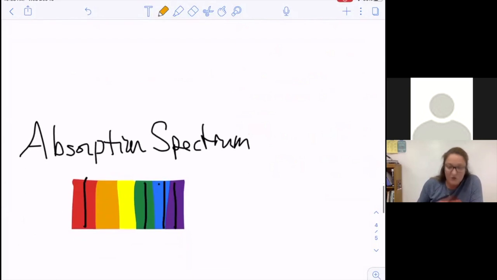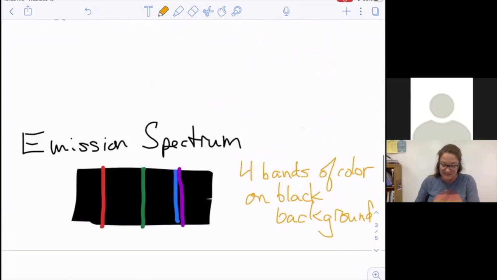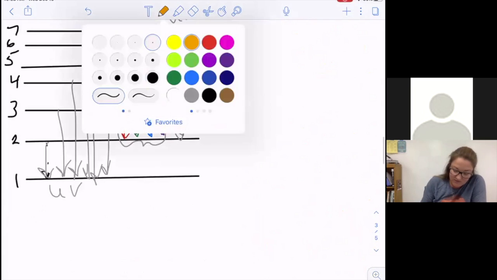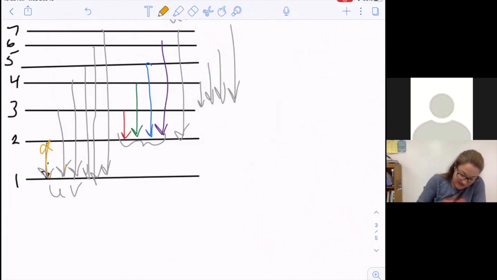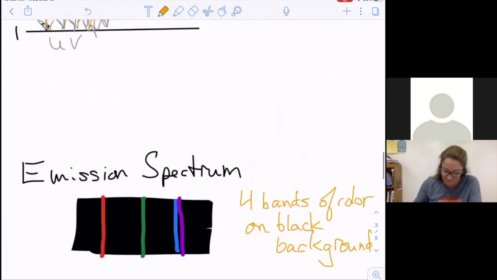There is also what's known as an absorption spectrum. If I put energy into hydrogen, so it was absorbing instead, it could absorb going the other direction. It can absorb UV light to make those transitions. It can absorb red light to do this. It can absorb green light to do that, blue light to do that, purple light to do that.